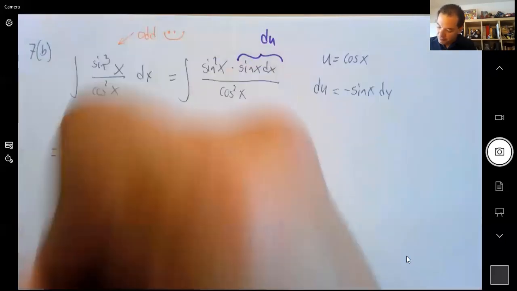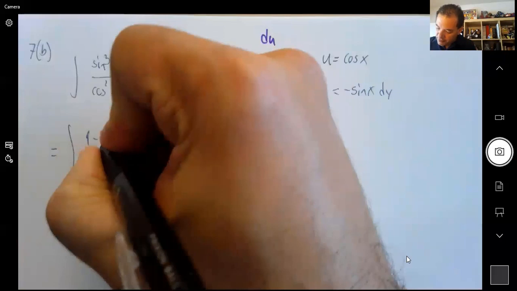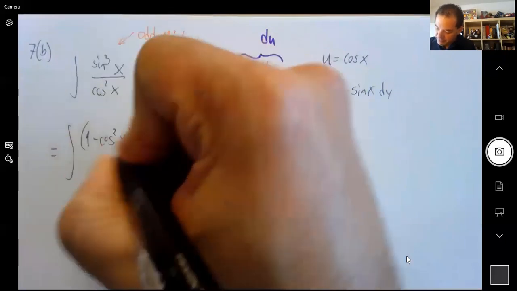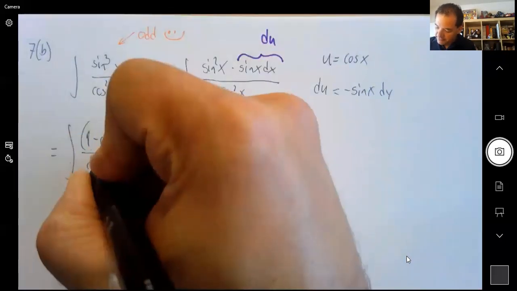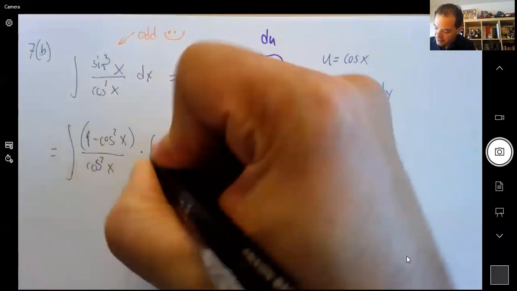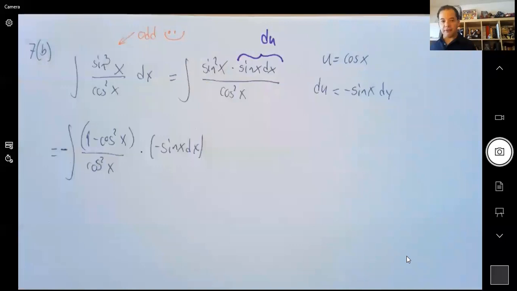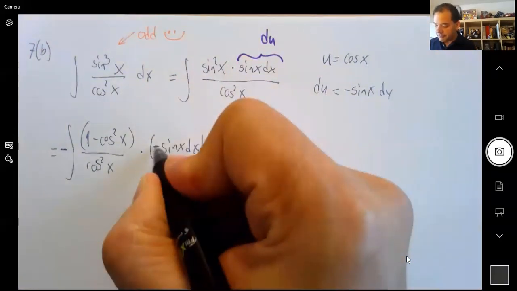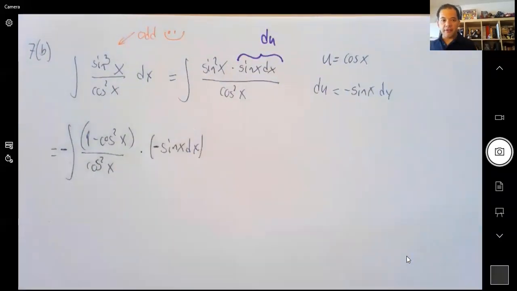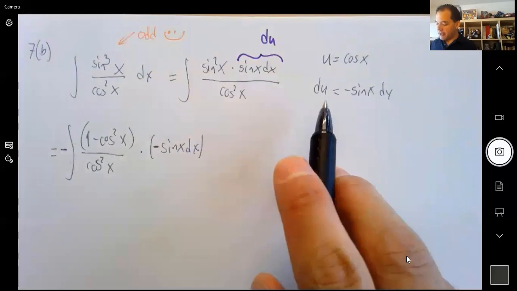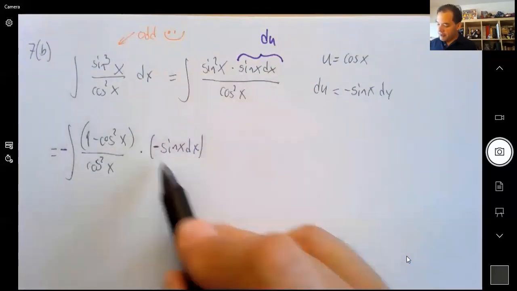So this becomes 1 minus cosine squared x divided by cosine squared x times negative sine x dx. And I'm going to put another negative sign outside to kill this negative sign that I put here. And I did it so you can see how everything can be replaced now. So this part is du.